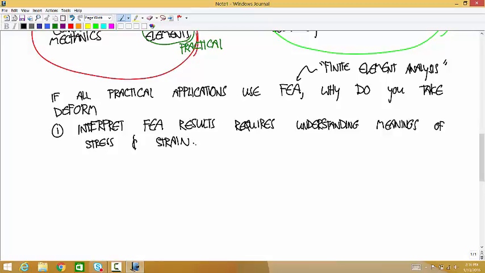And the second reason is that deform gives you a way to sanity check your finite element results.